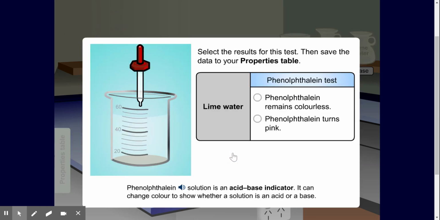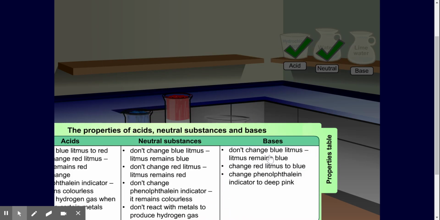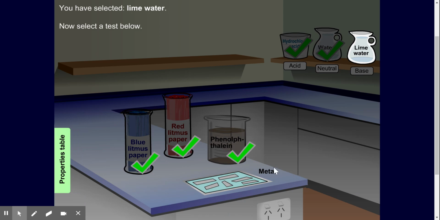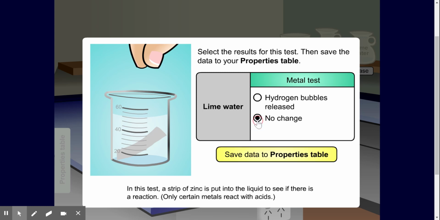Then phenolphthalein. We see that it turns pink. And then we'll test our metals. We see no change.